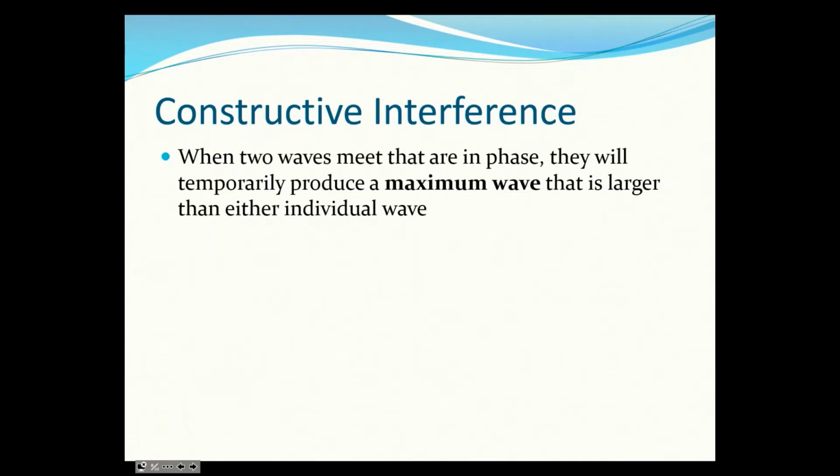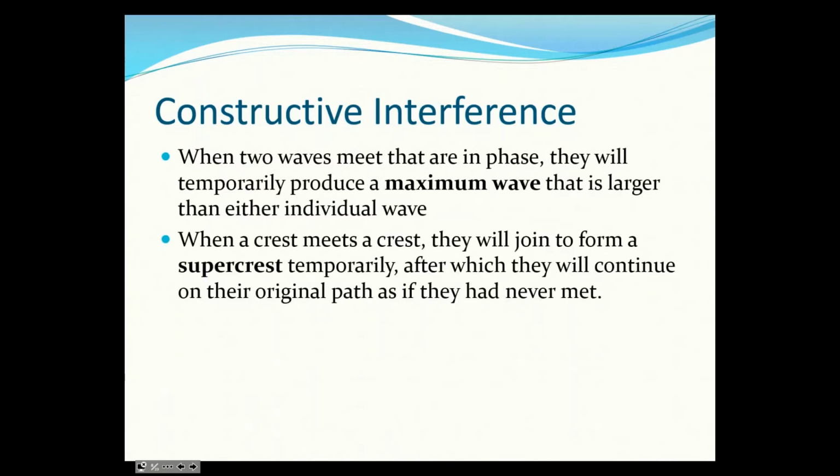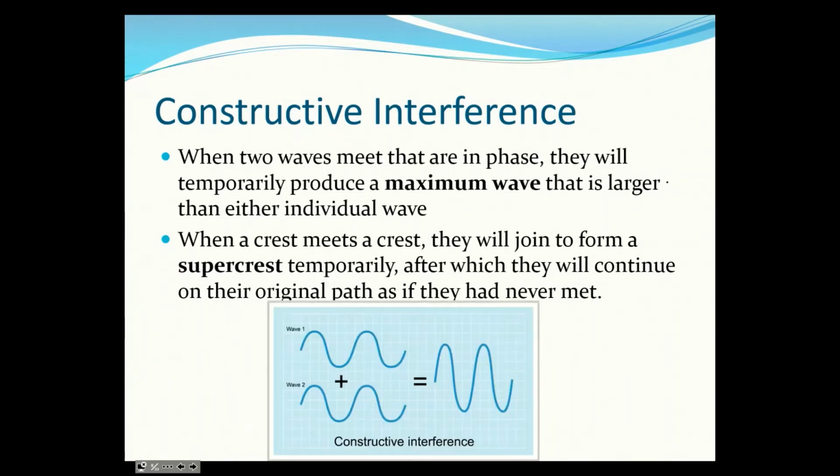So when two waves meet and they're in phase, they will temporarily produce a maximum wave that is larger than the individual wave. When a crest meets a crest, they will join to form a supercrest, and after they meet, they will continue on the original path as if they had never met. So to show you in a picture here, I have crest meeting with crest, right? So these waves will add together, and we get a much bigger amplitude, right?